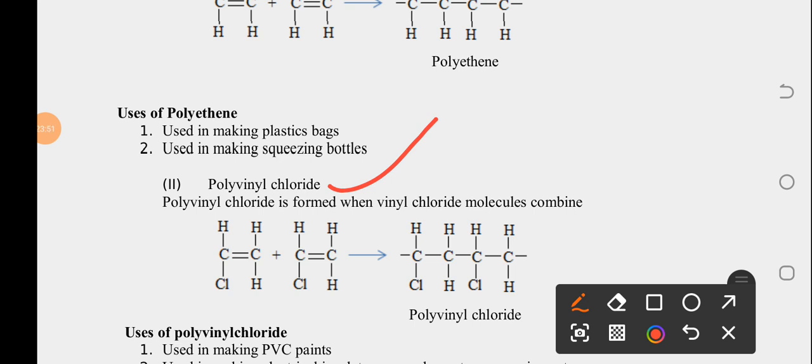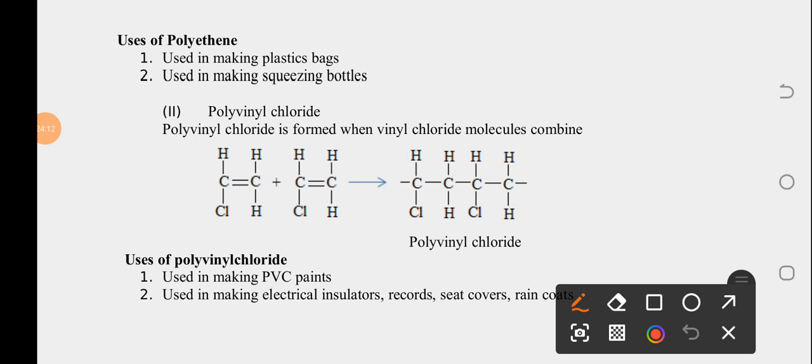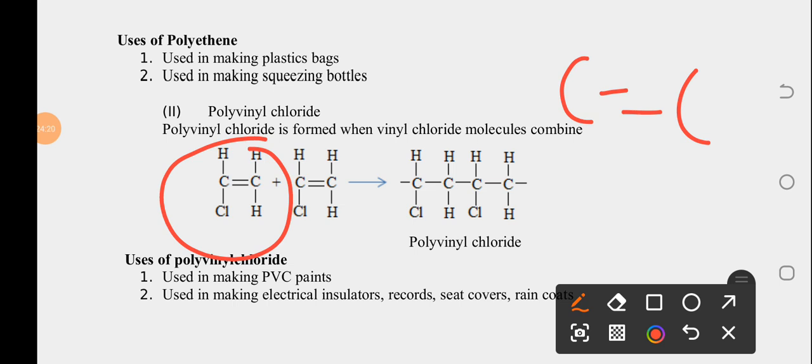So one of the uses of PVC, although we haven't yet reached that point, is to make what? To make paints. Okay, so polyvinyl chloride is formed when vinyl chloride molecules do what? Combine. And how do we write vinyl chloride? Here is how we write vinyl chloride. So you just have to write it the same way we write what? Ethene. But the only difference is that here we put chlorine.